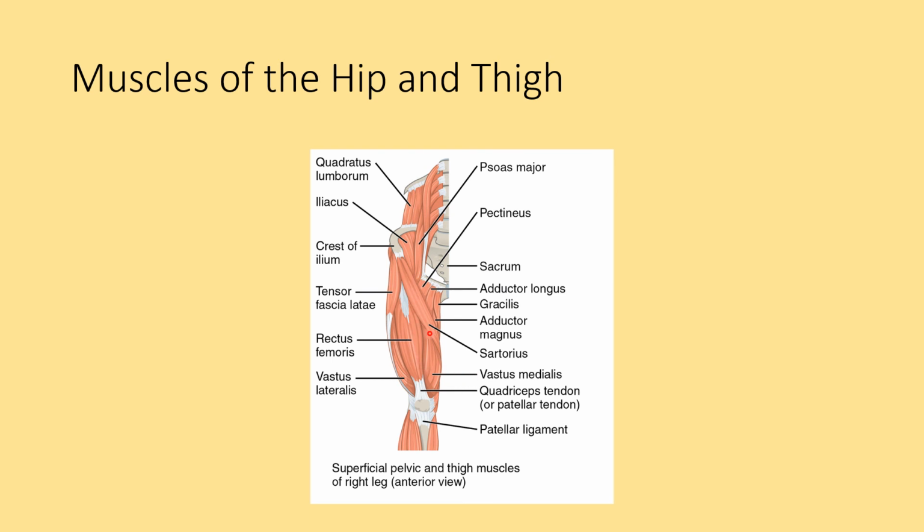Above the sartorius, on the innermost side is your gracilis, and then tucked underneath here, the adductor magnus, adductor longus, and pectineus. So once again, use the sartorius muscle as your landmark. It's usually one of the easiest things.